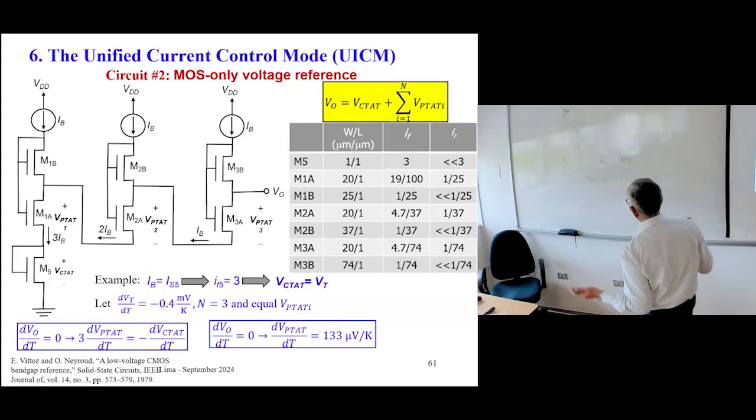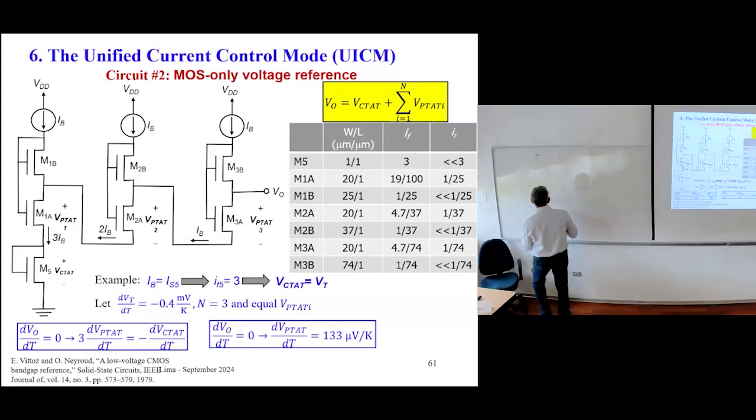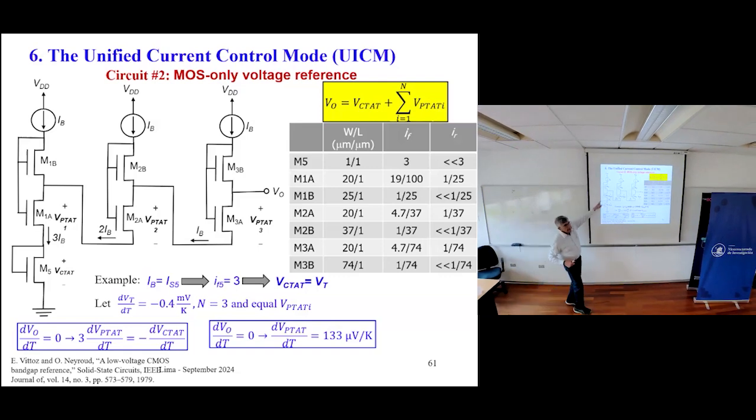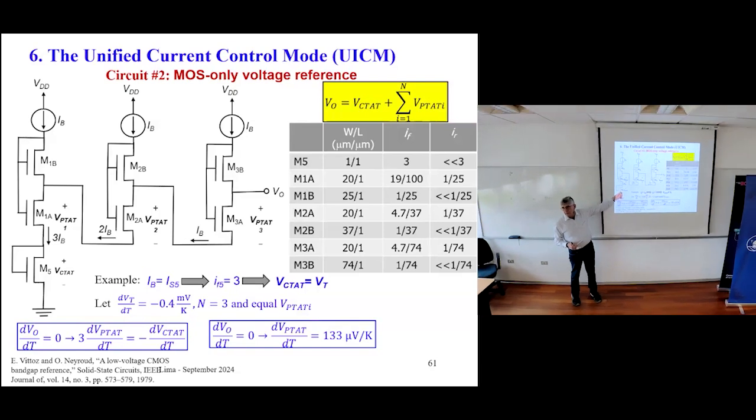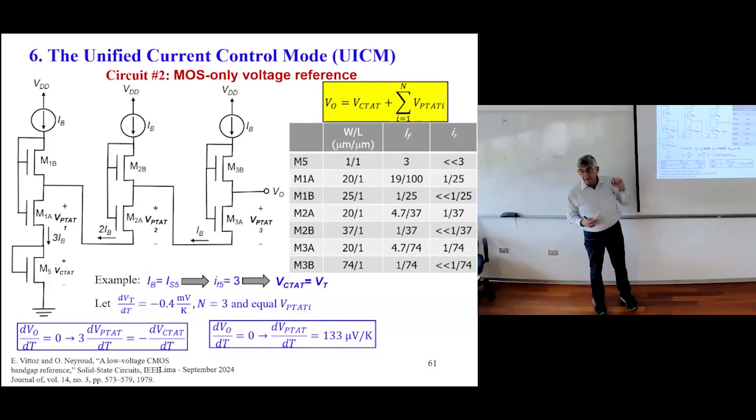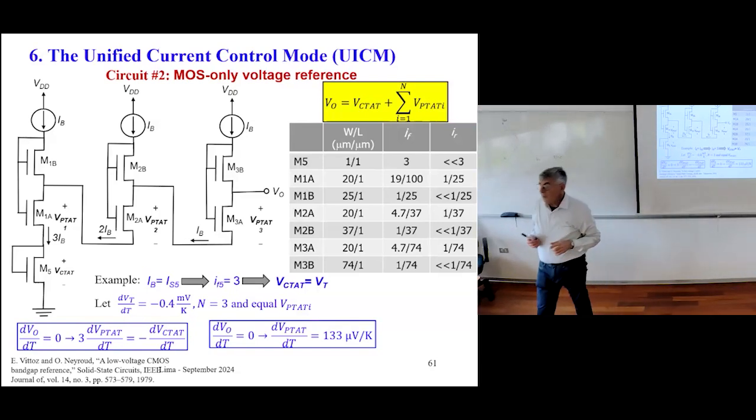The difference is that in the band gap reference, you use here a bipolar transistor instead of a MOS transistor. So this transistor N5 is replacing what should usually be a bipolar transistor.